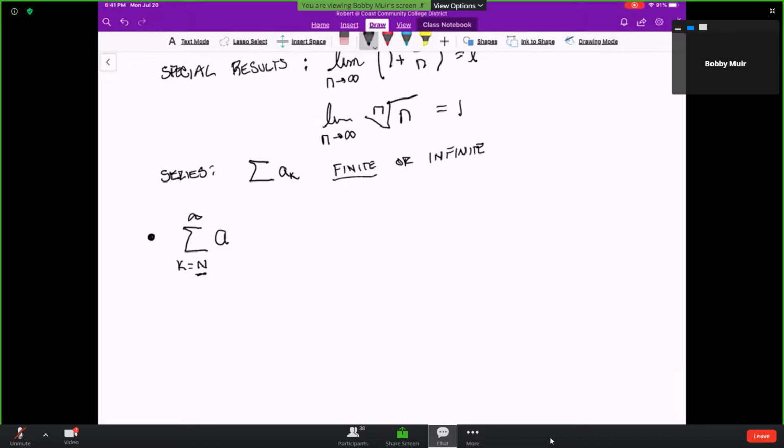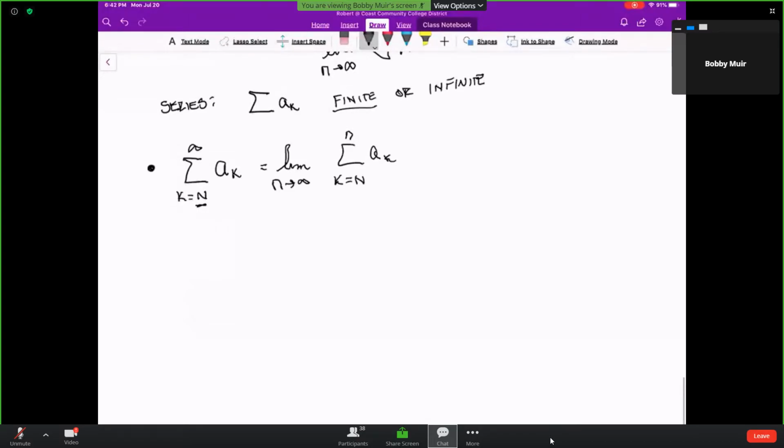This is equal to the limit as n tends to infinity of the sum where k starts at n and goes up to n of the a sub k. So this was our prototype of how to make this work.